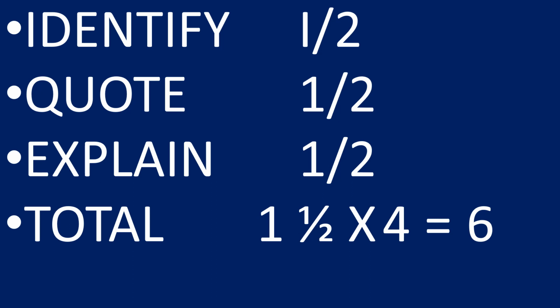So accordingly, if you are not quoting, you will lose half there. If you are not explaining, you will lose half there. I mean, you know it, but you have not put it properly. So all the three with specific clarity in your presentation. Identify, then next line, quoting lines, supporting lines, and then the explanation of the concept.